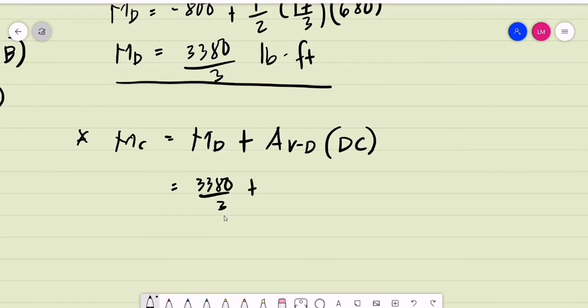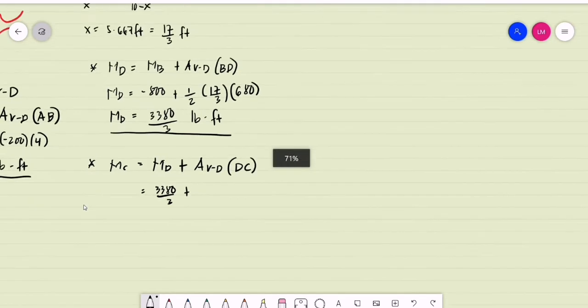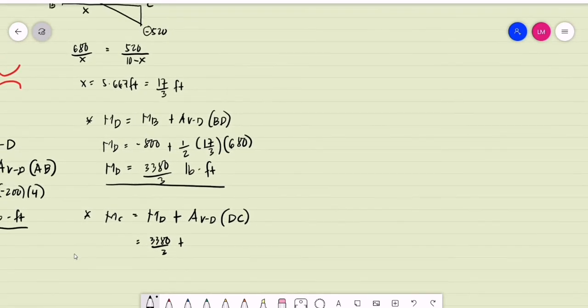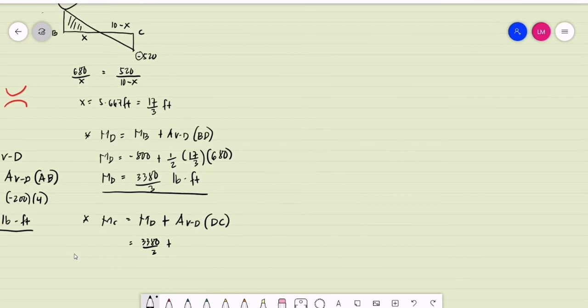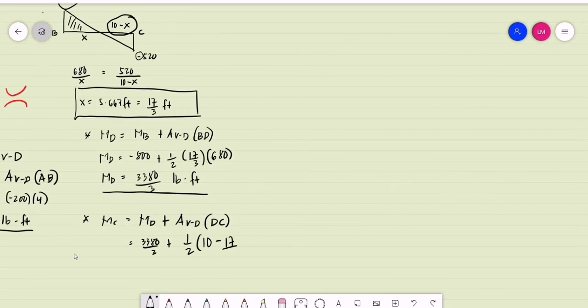Then plus the area of the shear diagram at point C, that is 1/2 times the base. Our base for that span is 10 minus x. The value of x is 5.667, or the exact value in fraction is 17 over 3. The height is equal to negative 520 pounds.